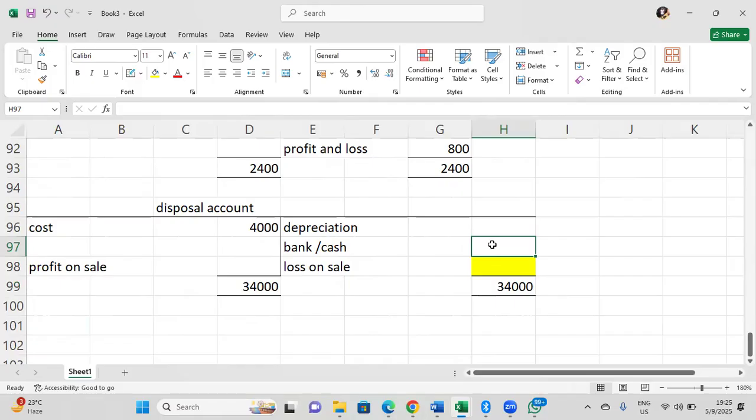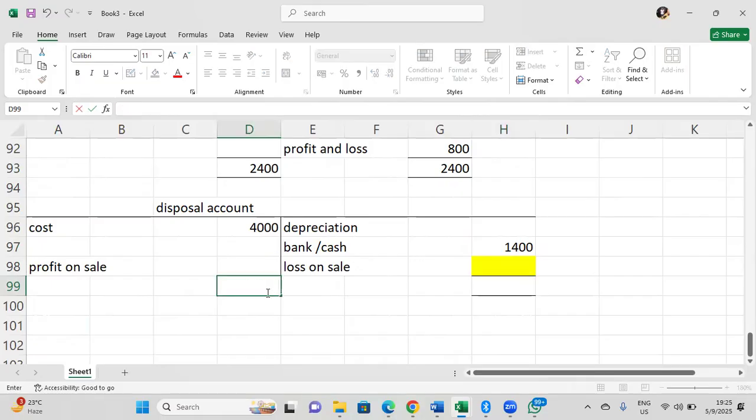If we read the question, at what price did we dispose of that asset? It was sold for 1.4. So that's the bank or cash.